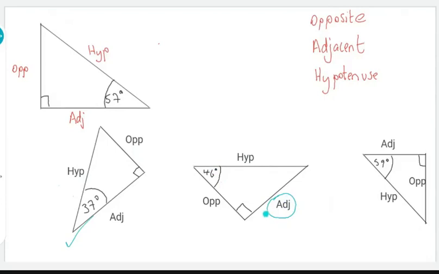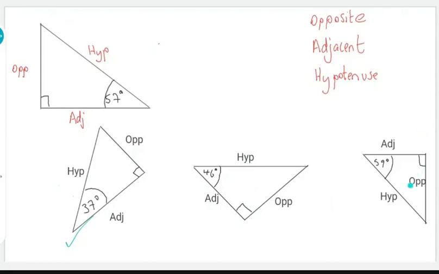Yes, and this opposite, it's not opposite this 46 degrees. You understand where opposite should be? So I'll just let you change that. Nice.